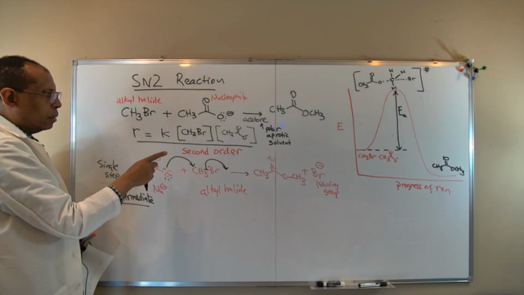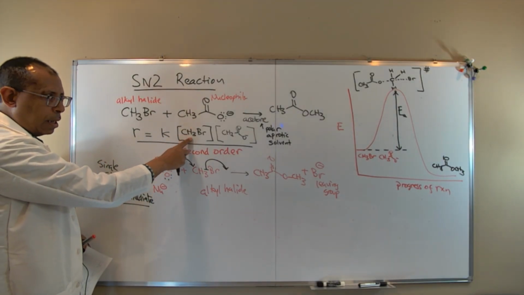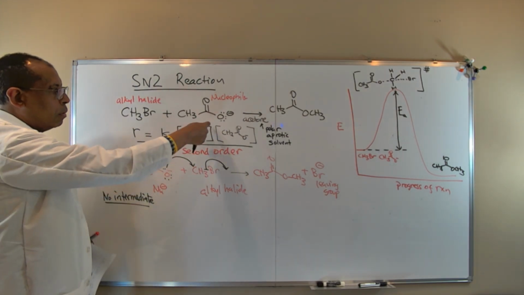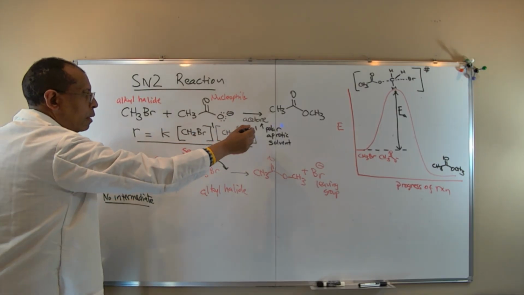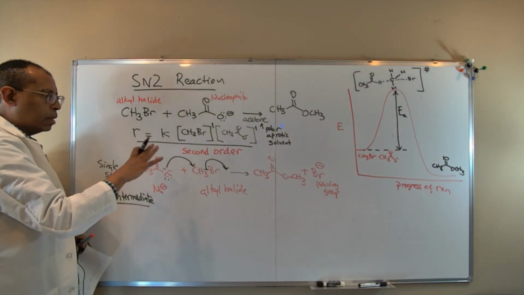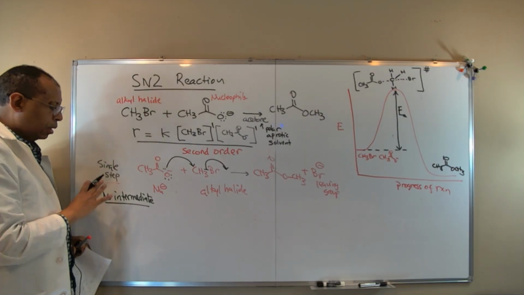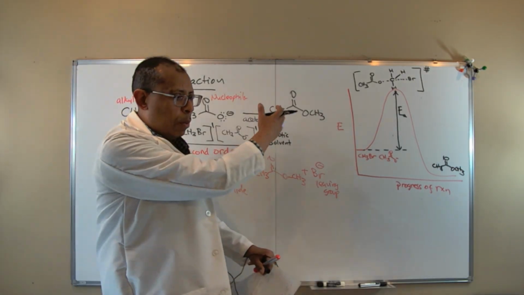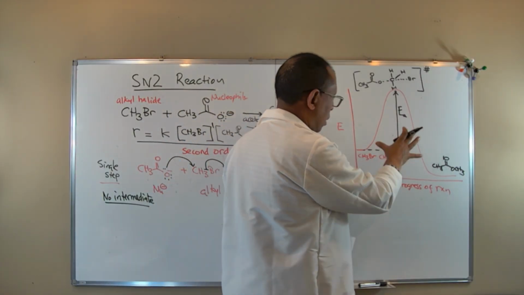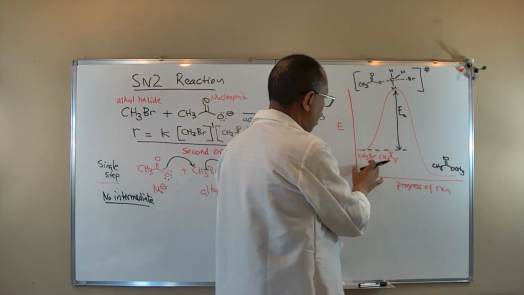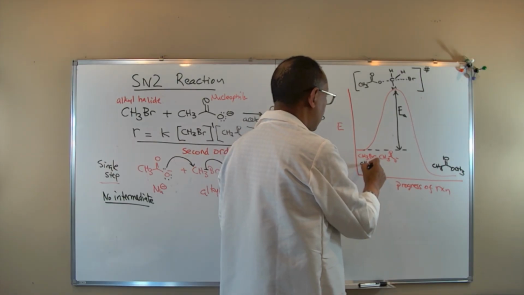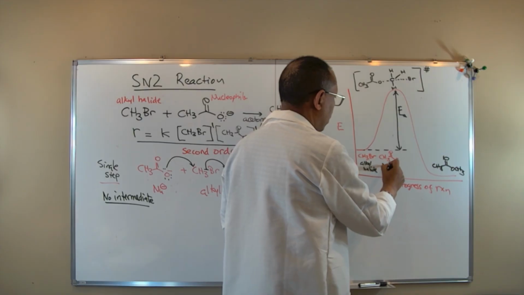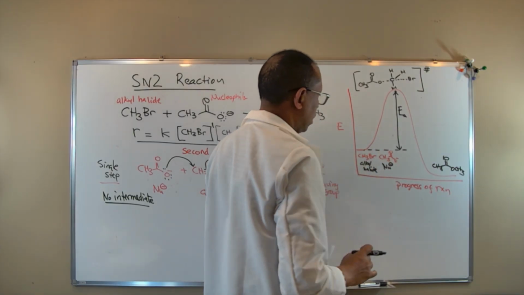SN2 reaction is dependent on the alkyl halide and also by the nucleophile. That's why the total rate is dependent on both. No intermediate, single step reaction. When it comes to the energy diagrams, this is how you draw the energy diagram. You have your alkyl halide and you have your nucleophile at this energy.